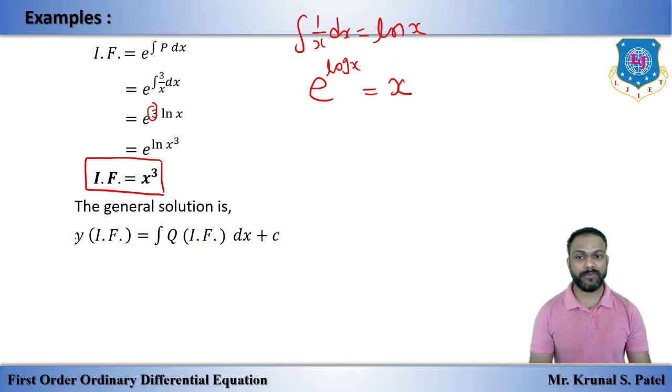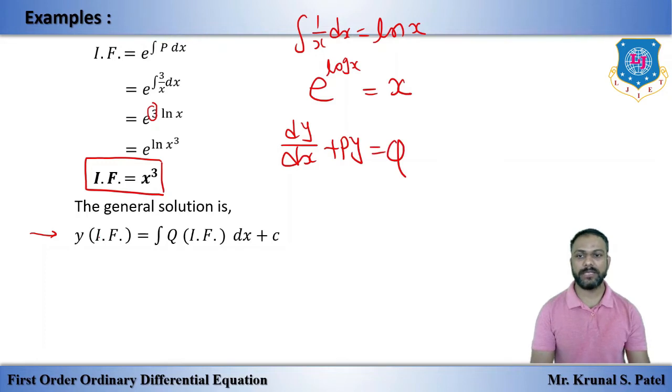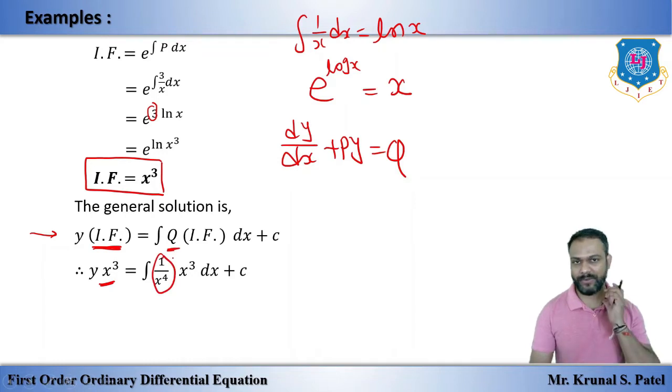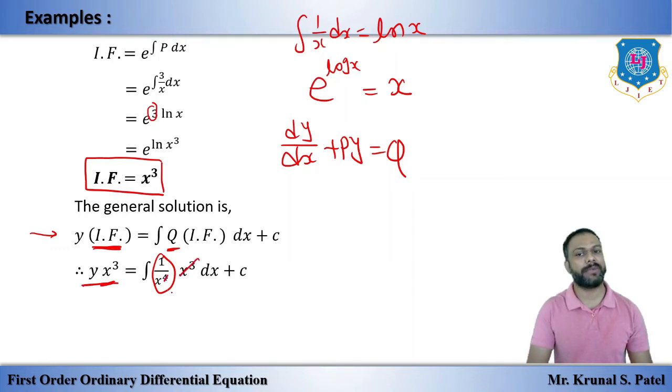Why do we just put y, and why do we use this formula? Because the original question is compared with dy by dx plus py is equal to q. That's why. Okay, so y as it is, IF is x cube, q is 1 by x raised to 4, we already found, and IF is x cube. Now y x cube is as it is. By cancelling this, we have remaining 1 by x, and integration of 1 by x is log x plus c.